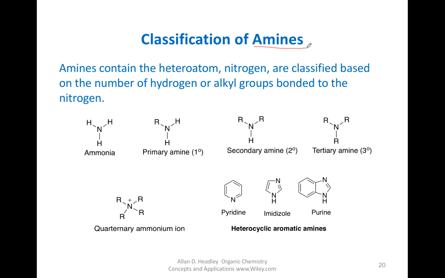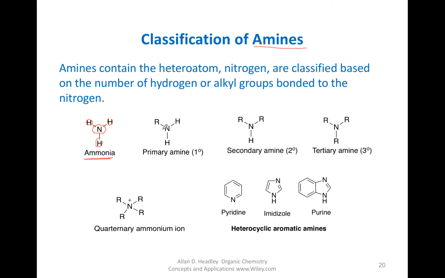that are similar. So in terms of similarities, we have here ammonia, where there is a nitrogen, and we have 3 hydrogens bonded to nitrogen. Of course, there's only one possibility there, so that's why that's called ammonia. But here comes variations.